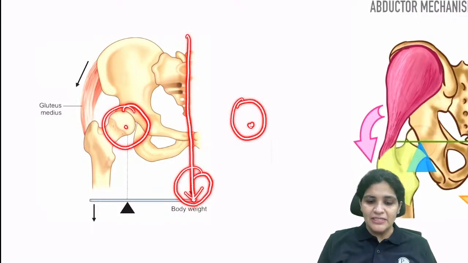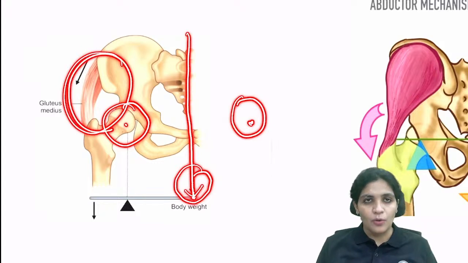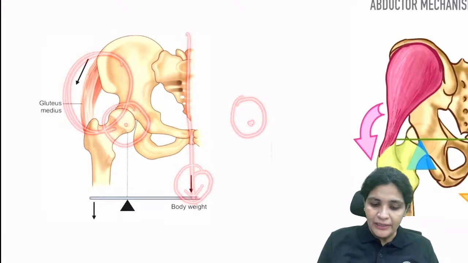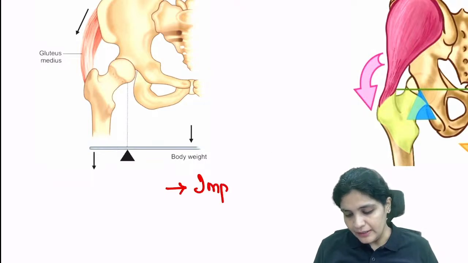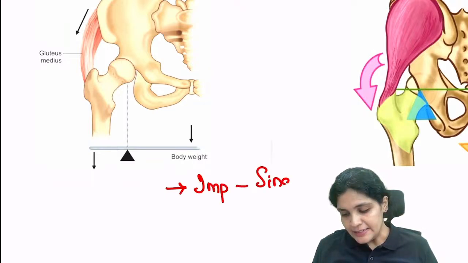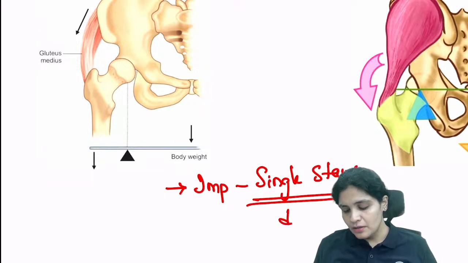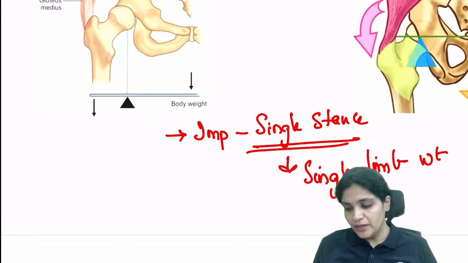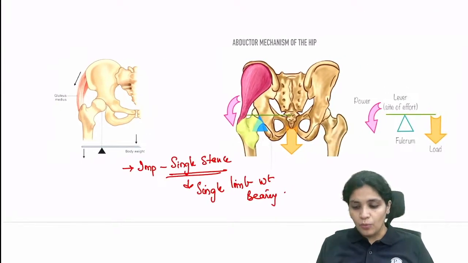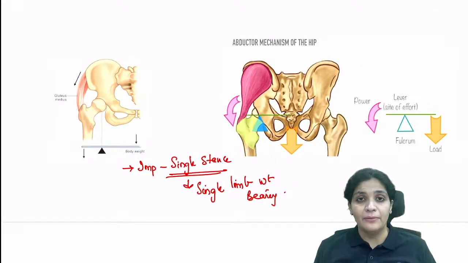And now these abductors also play an important role in case of your body weight, and usually they play an important role in single stance, that means single limb weight bearing. So abductors play an important role whenever you test them while doing single limb weight bearing.